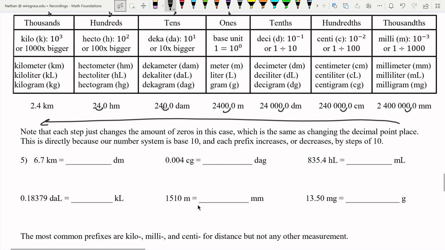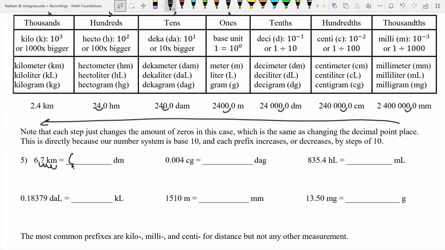So here I have kilometers to decimeters. I'm going to move 1, 2, 3, 4 spaces, 4 jumps. I'm moving to the right, so I'm going to move it to the right here.